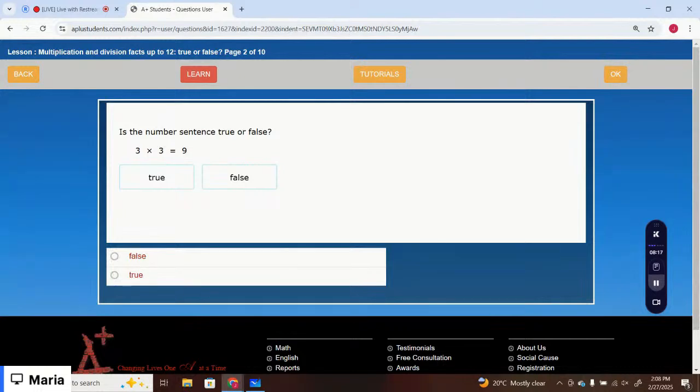Is the number sentence true or false? 3 times 3 equals 9. True, it is 3 times 3 equals 9. Yes, that is true. Option number 2 is the correct option.